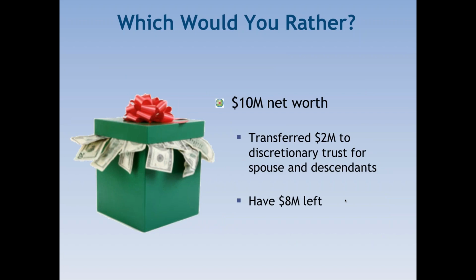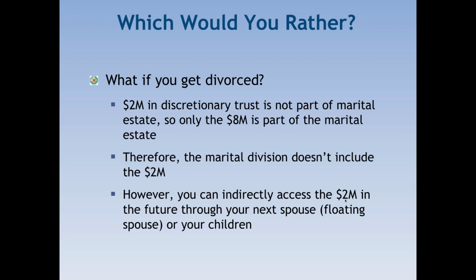So if you have $10 million net worth and you transfer $2 million to a discretionary trust for spouse and descendants, you have $8 million left. If you got divorced, the $2 million in the discretionary trust is not part of the marital estate. So only the $8 million is part of what would be divvied up in a divorce proceeding.